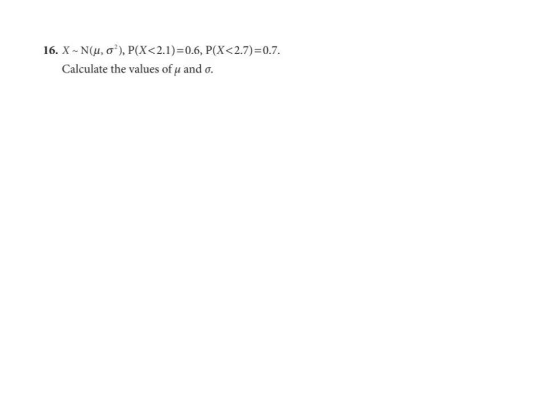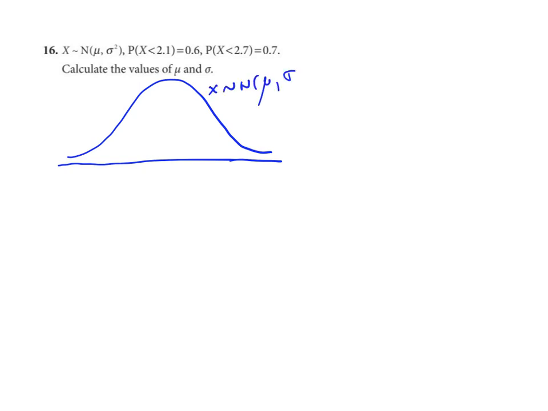Last question that I'm going to take as an example. See, in this question, mu and sigma are unknown. So I know that I don't know mu and sigma. X is normally distributed with mu and sigma squared, but I know that probability of x smaller than 2.1 is 60%. So 2.1 is somewhere here, and that area here is 60%.